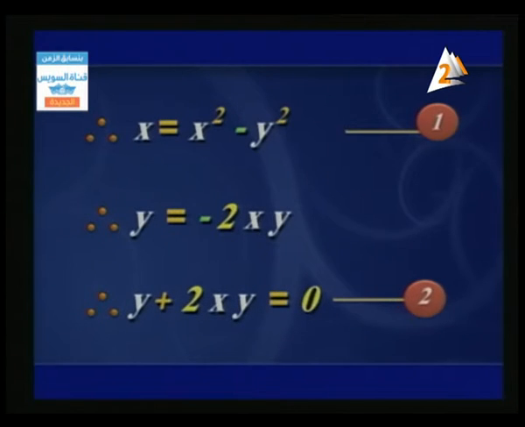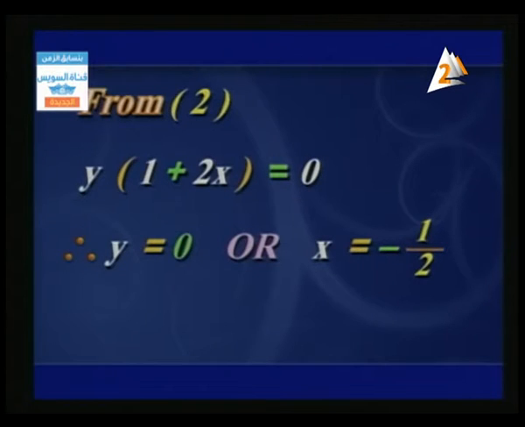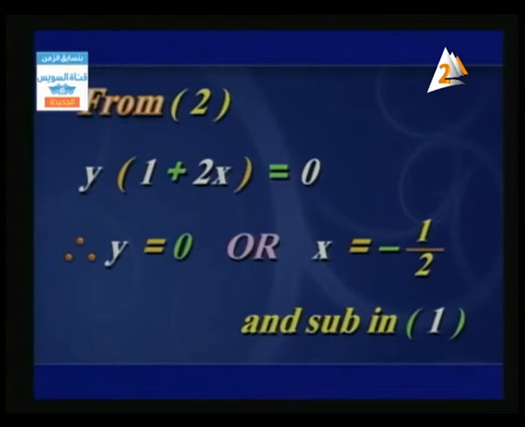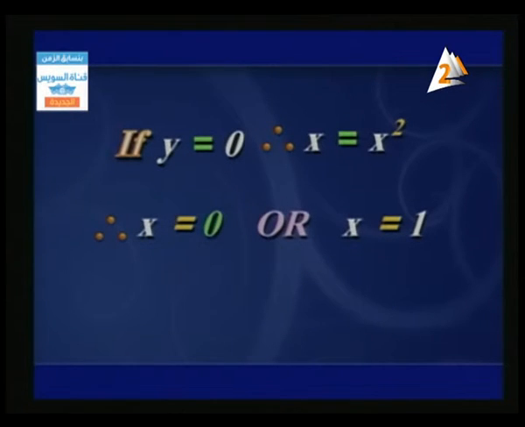Therefore, y + 2xy equals 0, and this is equation number 2. From 2, y times (1 + 2x) equals 0. Therefore, y equals 0 or x equals −1/2. By substituting in equation number 1, if y equals 0, then x equals x², so x equals 0 or x equals 1.